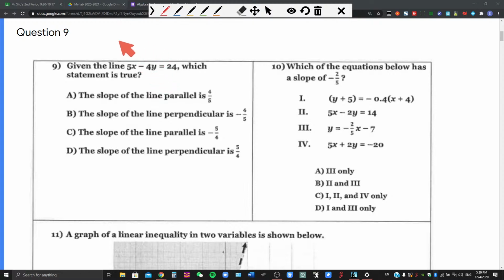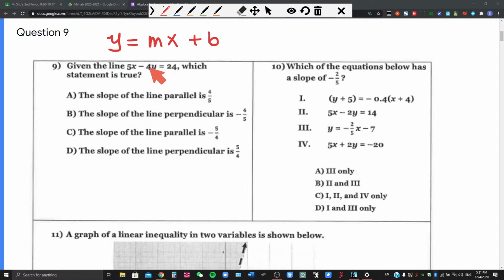Now, if you want to decide the slope, you must make sure that the equation is written in this form, y equals mx plus b. There cannot be anything in front of y. So let's first move y and x, separate them.